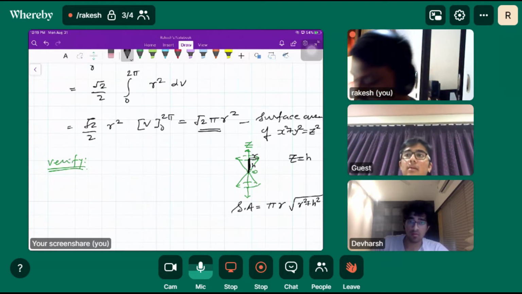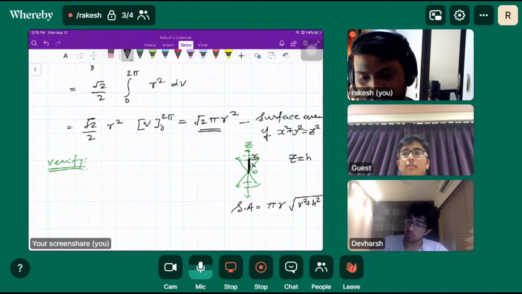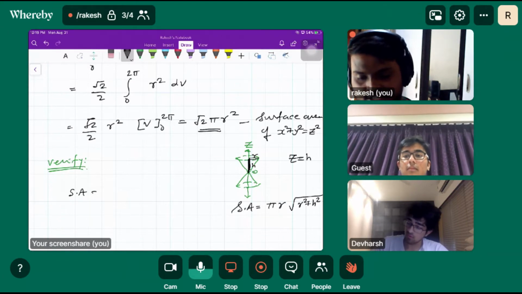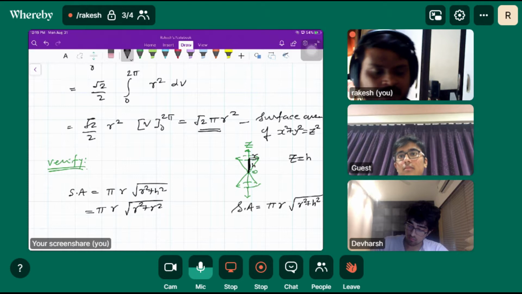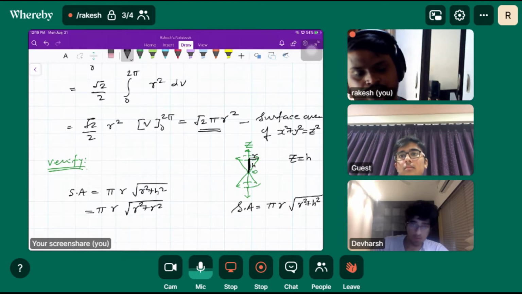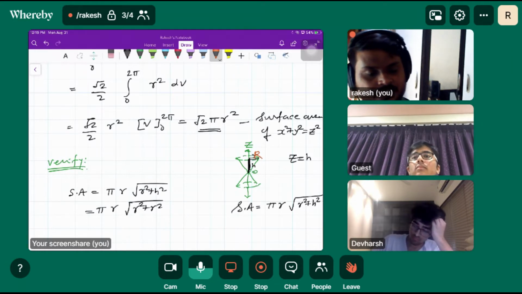So pi r times the square root of r square plus h square. And what is h here? Here we took h equal to r. See, this is the radius, don't confuse. And this h is r.